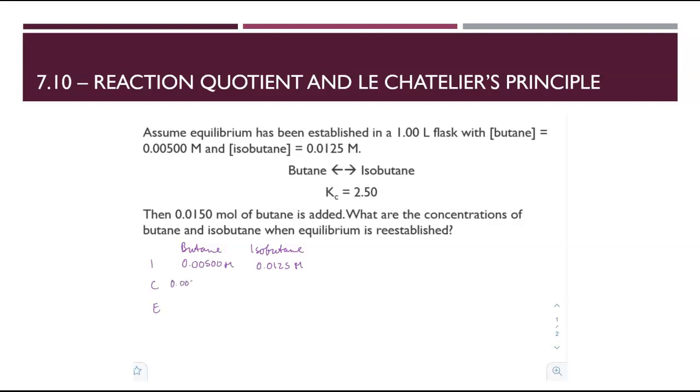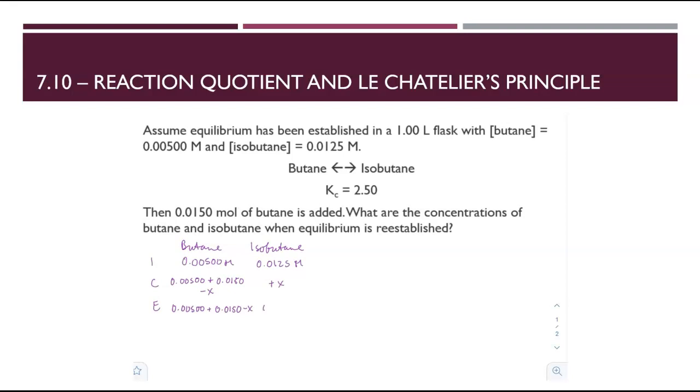So we have our initial plus the amount that we add. And then we know that it's also going to go down by some amount of X. Our isobutane, we know, is just going to go up by some amount X. Okay, so at equilibrium, for our butane, we have our initial plus the amount that we added minus the amount that turns into isobutane.